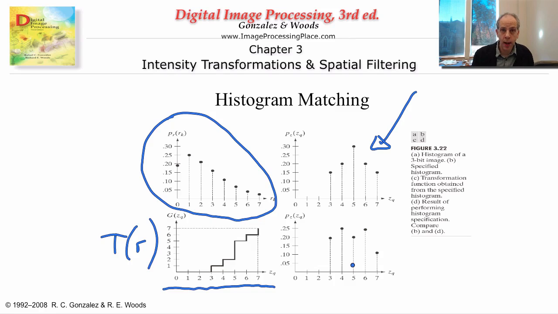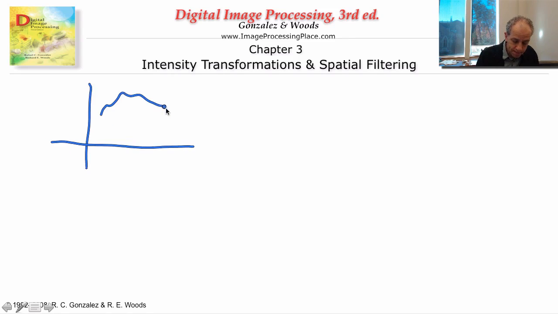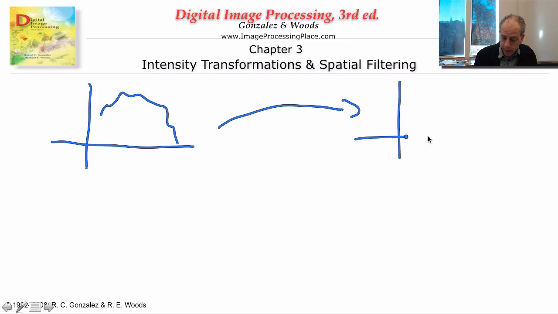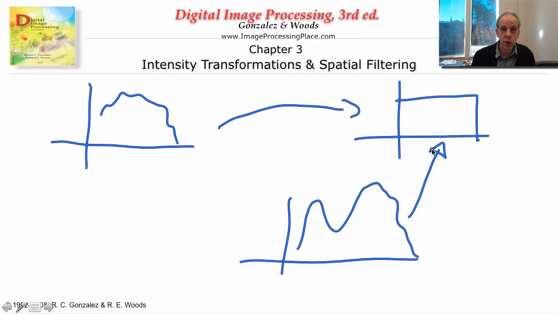Let me illustrate how. We start from the distribution of the current image. Whatever that distribution is, it's the image that is given to you. You know how to map that to a uniform distribution. Now, you are given a desired distribution. You know how to map this desired distribution, the target distribution, also to a uniform distribution.